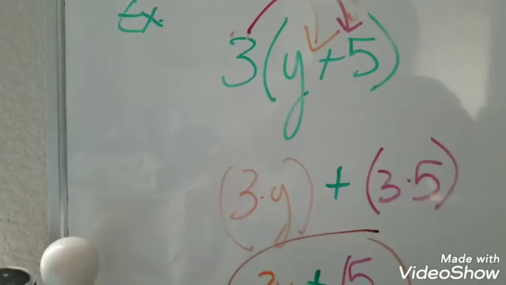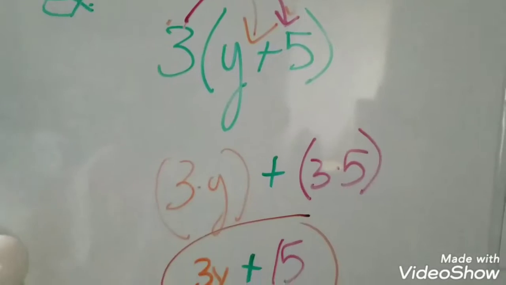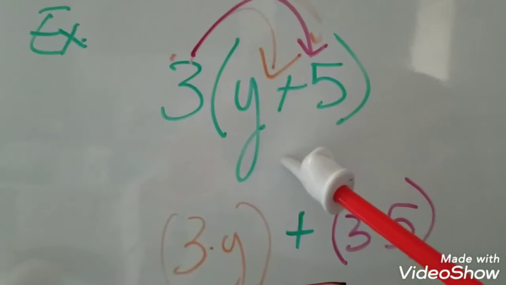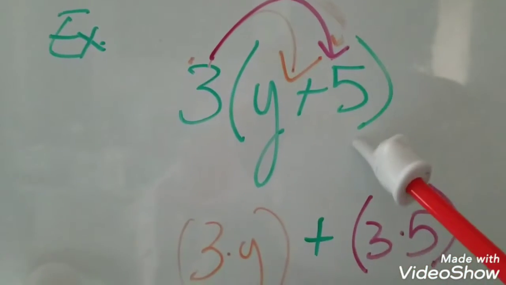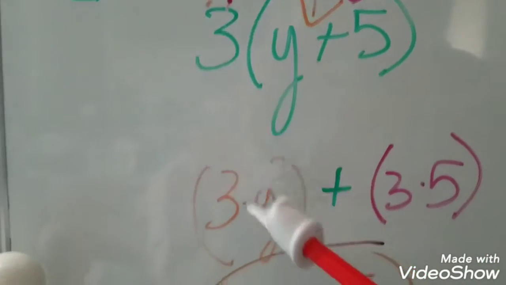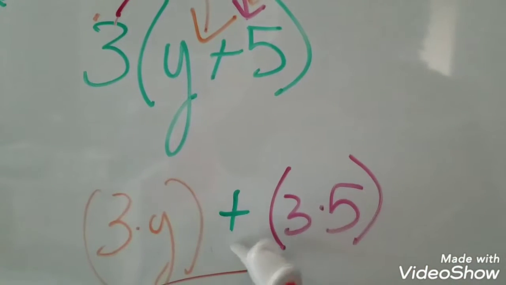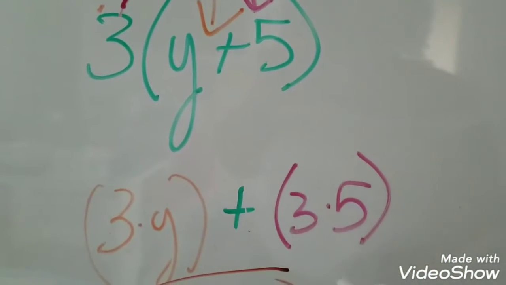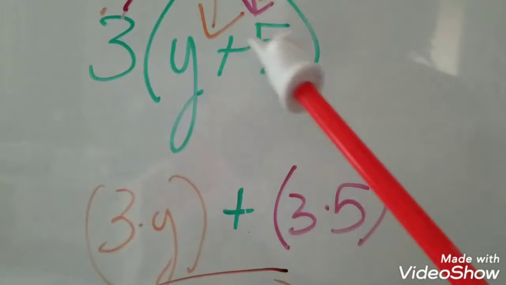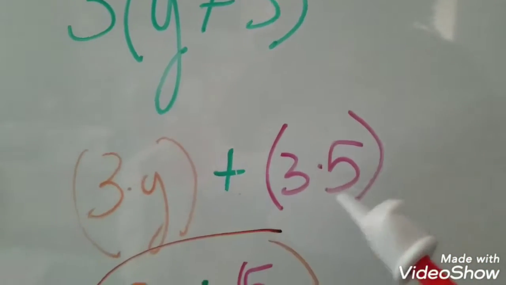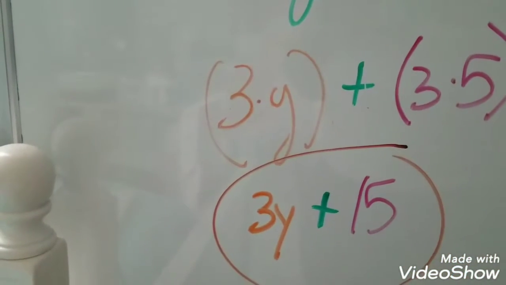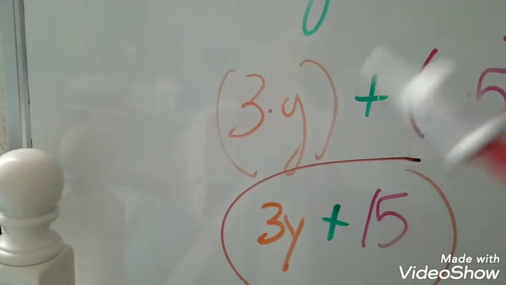We're distributing the 3 to the y and the 3 to the 5. So 3 times y, and bring down our sign, the addition sign. And then we're distributing the 3 to the 5. 3 times 5.